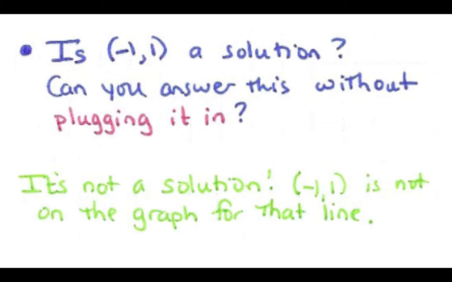It turns out it's not a solution, and that is because negative 1, 1 is not on the graph for that line. So go look on your graph. Find negative 1, 1. You'll notice it's not on the line. If you go to your graph and look for 4 comma negative 5, you'll see that it is on your line. So being on the line makes it a solution.